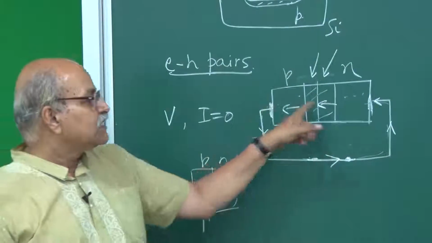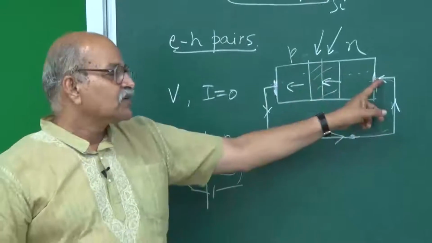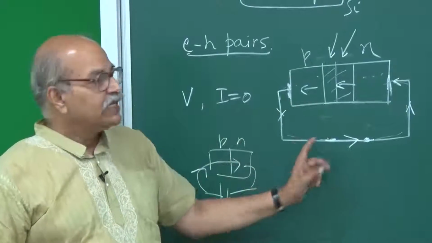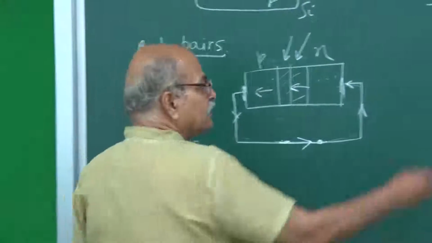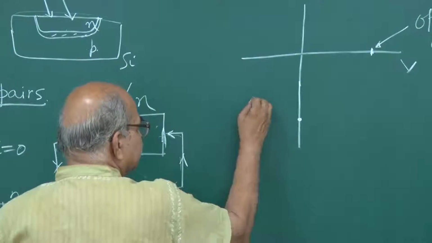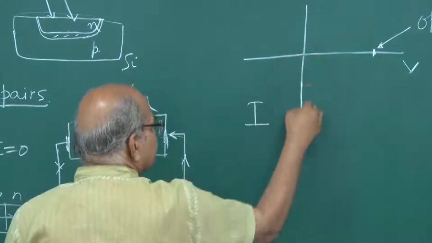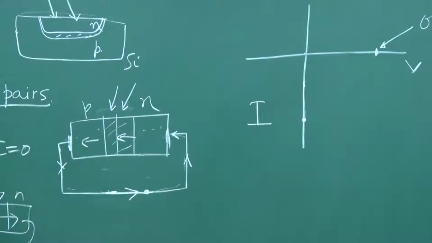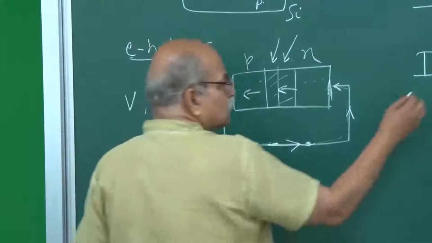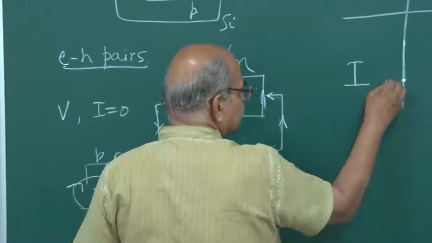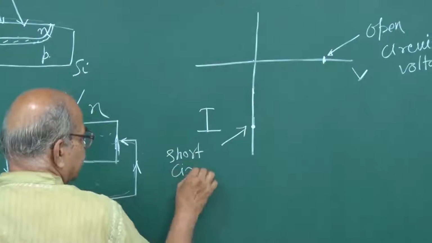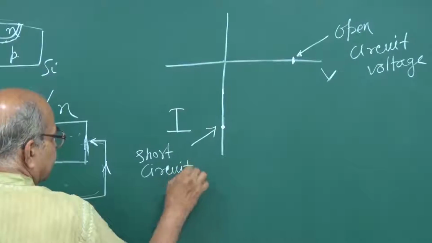What is the potential drop here? The potential drop is 0 because there is no resistance. So, on this characteristic, this point will be somewhere here. I have a current and the potential difference is 0. Since we have short circuited, this current is known as the short circuit current.